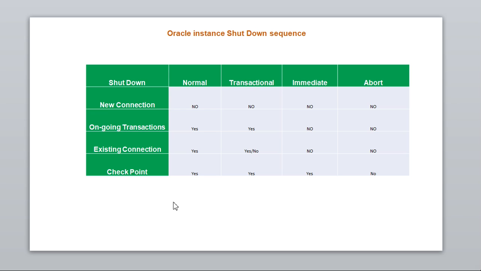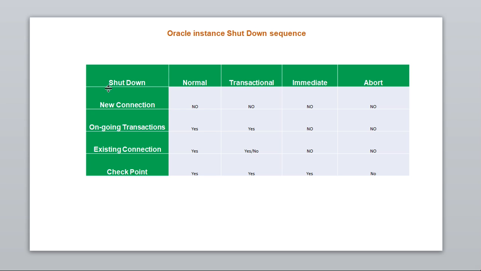Now the shutdown process. If you hit the Oracle shutdown, we have a couple of approaches to shut down the Oracle instance. I have designed a good table to make the understanding better here.